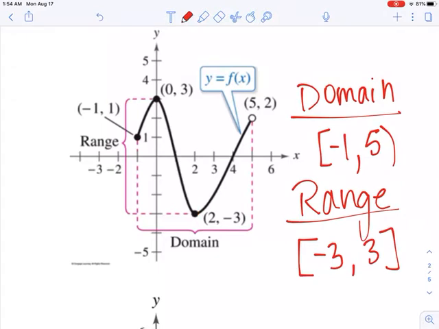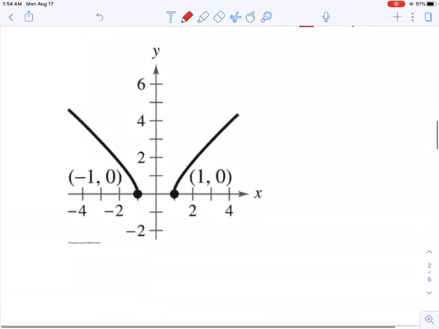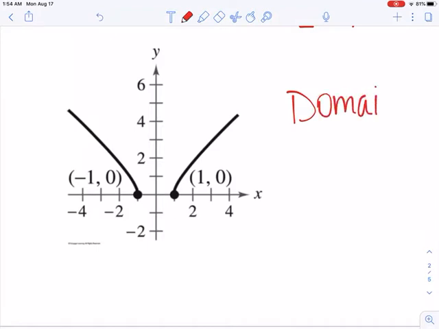So I'm going to put this problem up here for you to look at. What I would like you to determine is what you think the domain is and what you think the range is.